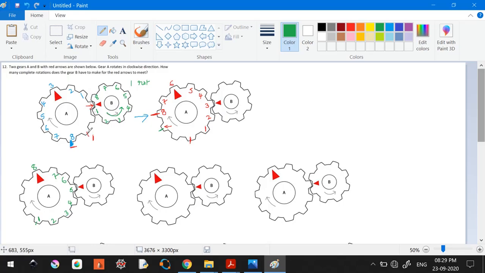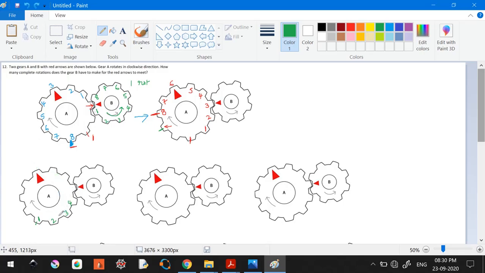The next step, my 1 will start from here, which is correct. 1, 2, 3, 4, 5, 6, 7, 8 has come here. Perfect. So in the next step, I have to start from here. I have taken from here. Cool. That is a mistake. Okay.